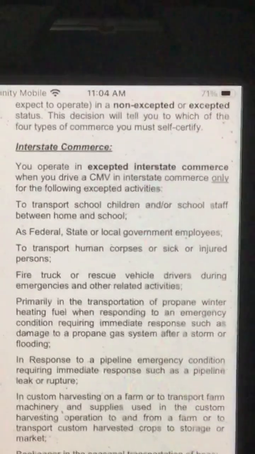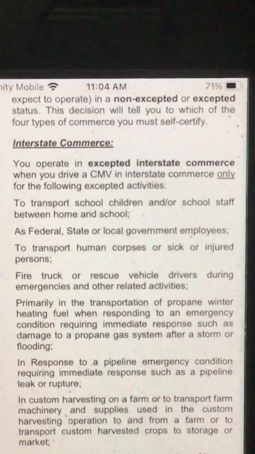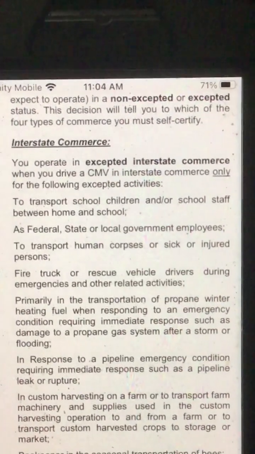Interstate commerce. You operate in expected interstate commerce. That's highlighted.